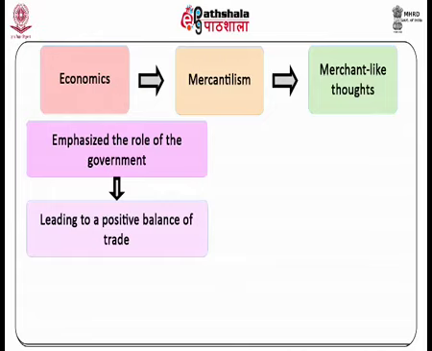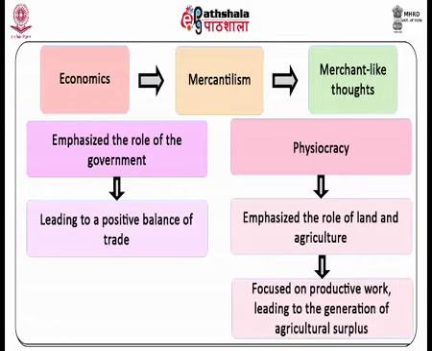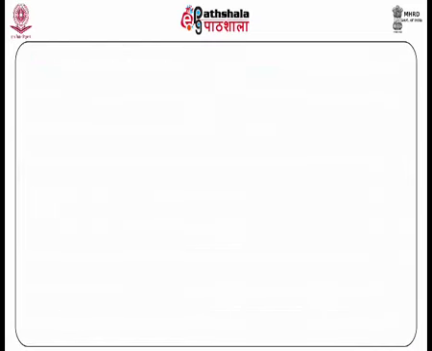In the second half of the 18th century, there emerged economic thought that went by the name physiocracy. It emphasized the role of land and agriculture in ensuring a country's prosperity. The mercantilists had focused on trade and commerce and the accumulation of gold and silver. The physiocrats focused on productive work leading to the generation of agricultural surplus.